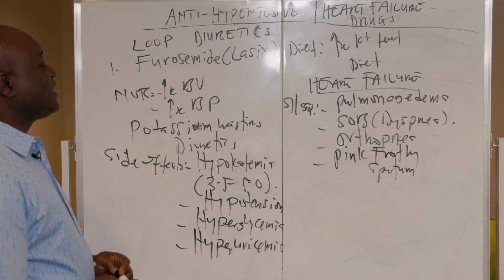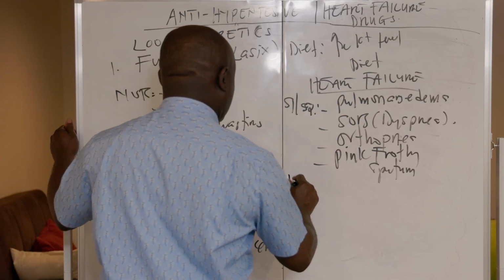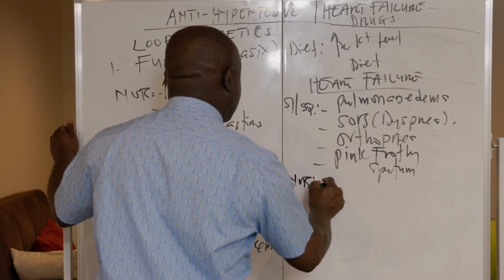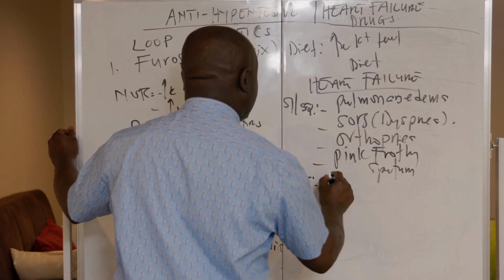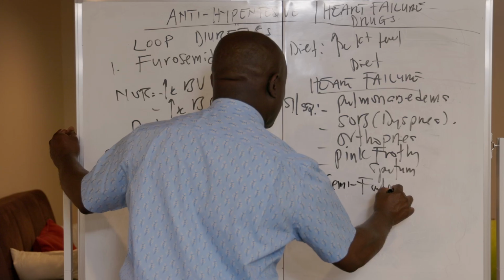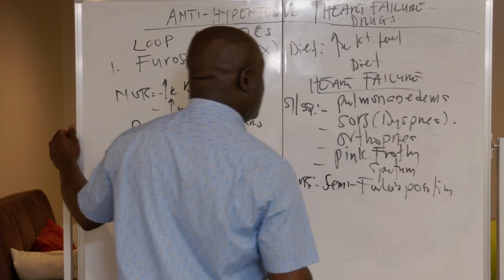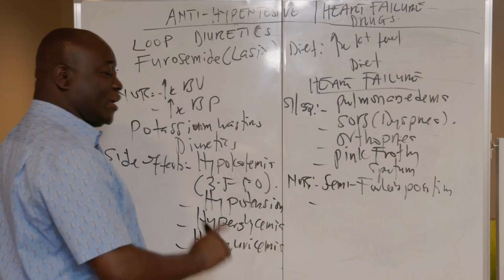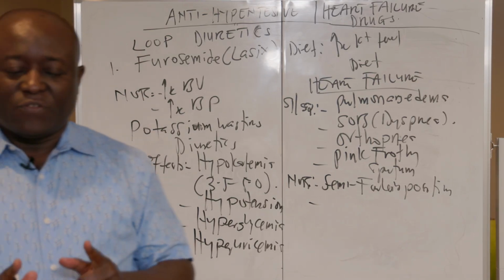So when somebody has left-sided heart failure, they come to the hospital. As a nurse, the first thing that you have to do, that NCLEX is going to ask you, is what? You ask the client to sit up in a semi-Fowler's position. So you have to sit the client up before you give oxygen. So watch in the NCLEX: anytime you see a position as an option, you have to be very careful.